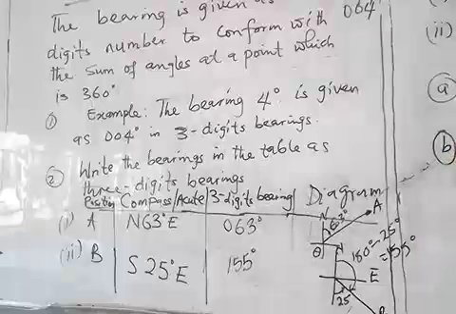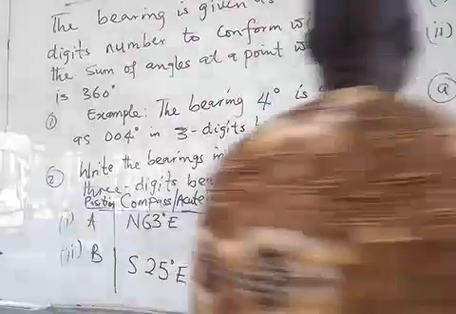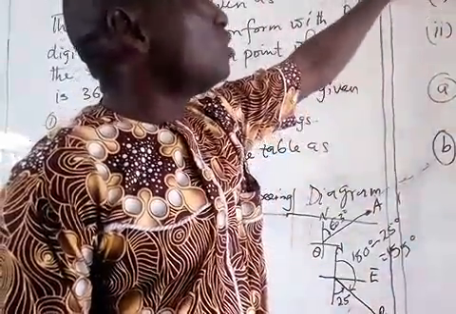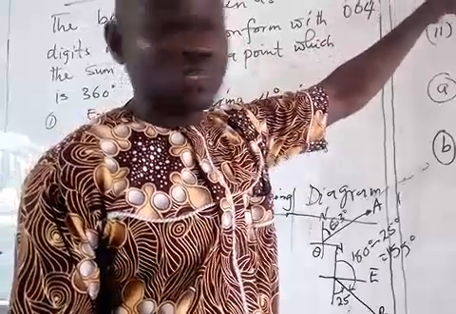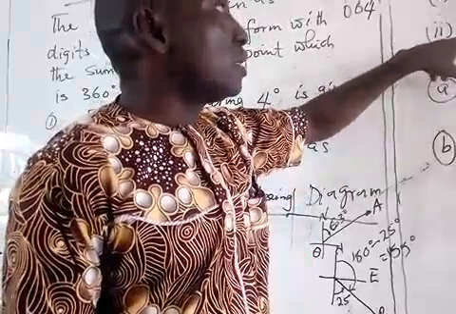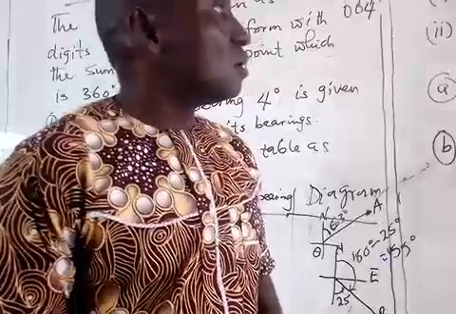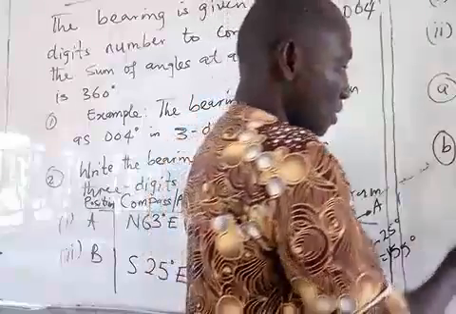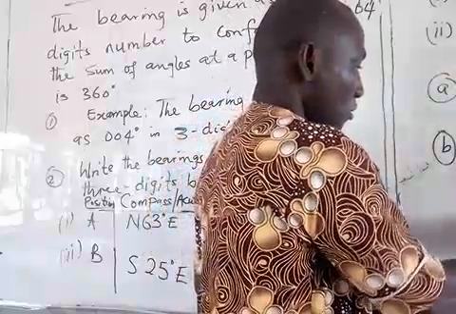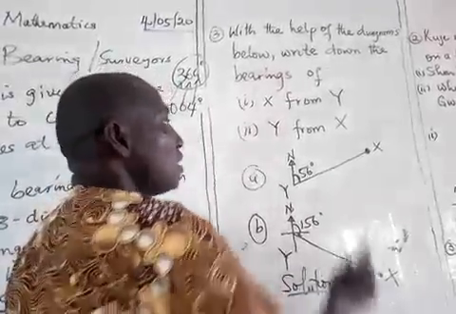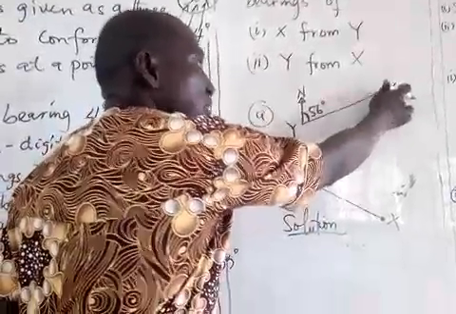Let's look at another question that may also be given in this form. With the help of the diagrams below, write down the bearings of x from y, and the second one is y from x. If you look at this, we are to take the first one. The first one is the bearing of x from y. Now, this is x from y.